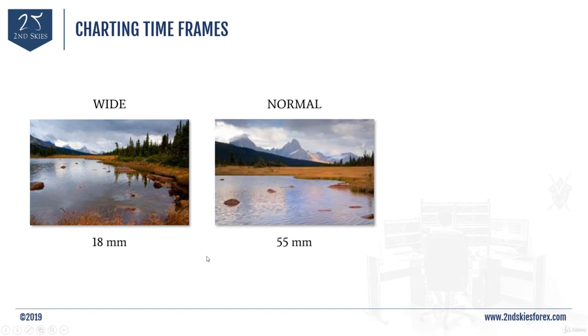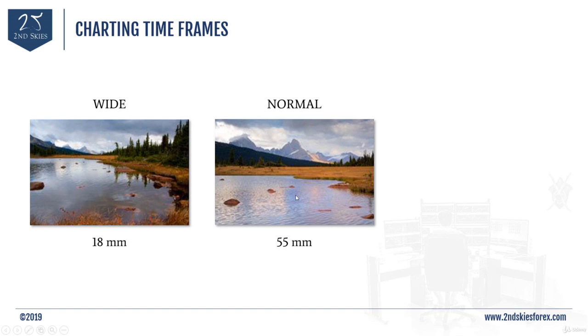If you now look at the same scenery with a 55mm lens, you will see greater detail on the lake. You will see the ripples, and this mountain range has moved a lot closer. You can see more details of the mountain range, but you've lost some of the context in the picture, which is the trees on the right side.